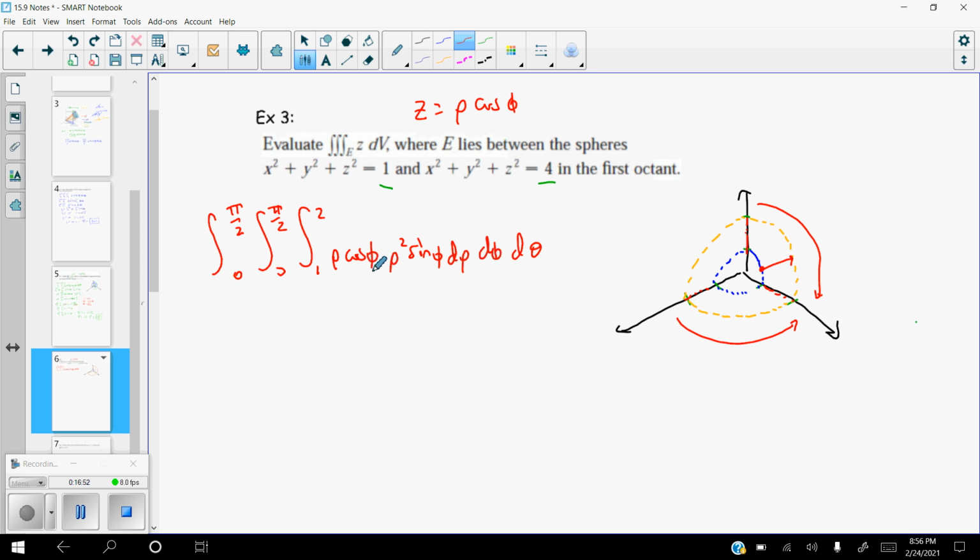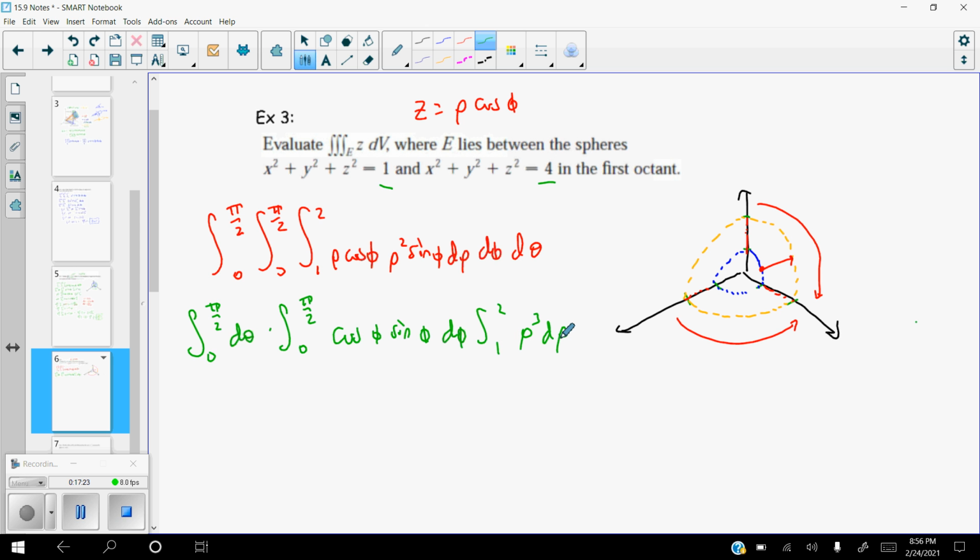So let's go ahead and separate these into 3 separate intervals. 0 to pi halves of d theta, because there are no other thetas, times 0 to pi halves. Let's see, for phi, we've got cosine phi, sine phi, d phi. And then for rho, we've got 1 to 2, rho cubed, d rho.